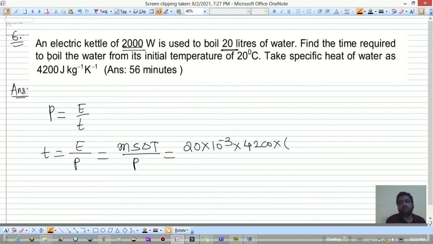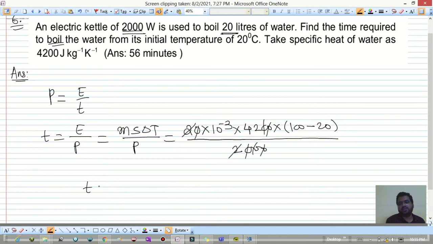To boil the water, boil indicates 100 degrees Celsius, 100 minus 20, divided by the power given, 2000. Now if you calculate this, the zeros get cancelled, the 2 gets cancelled, and we'll have time t is equal to 42 into 10 to the power minus 3 into 100 minus 20, which is 80.